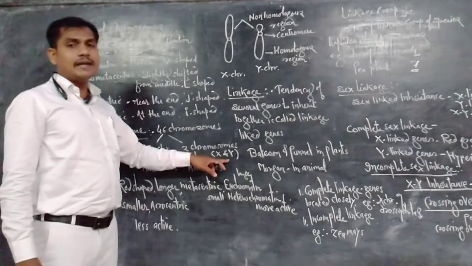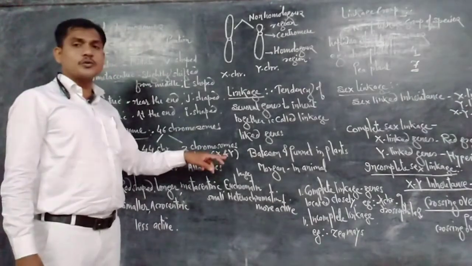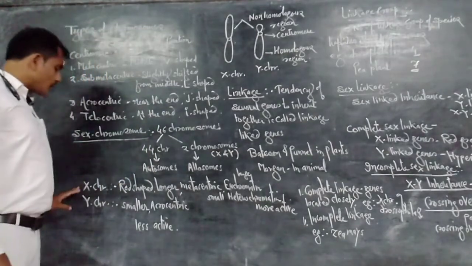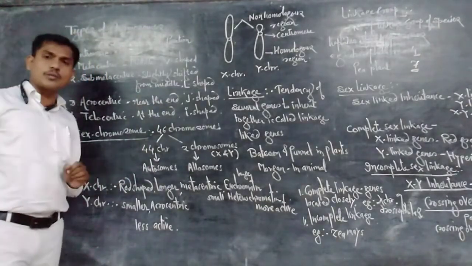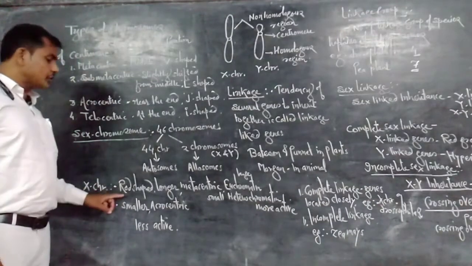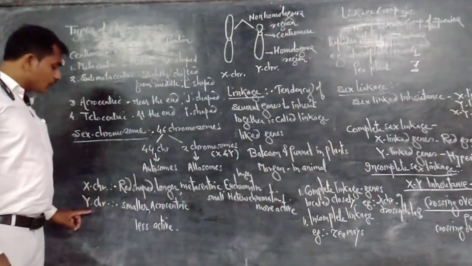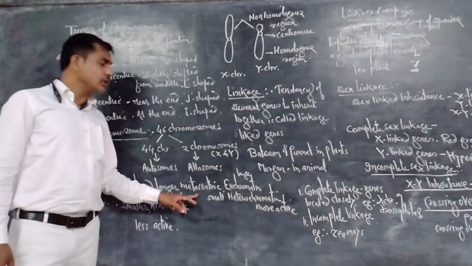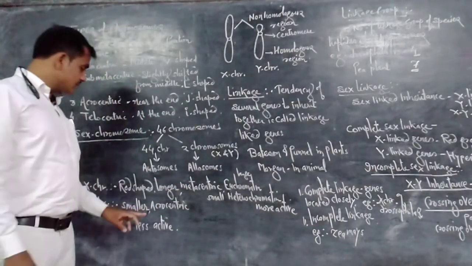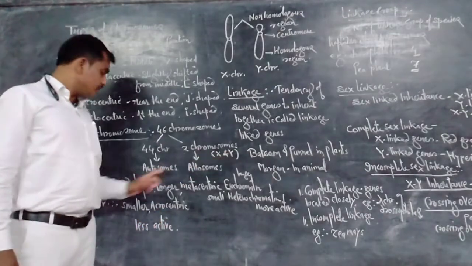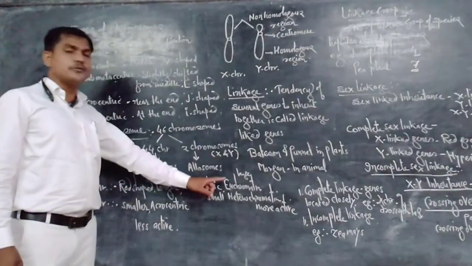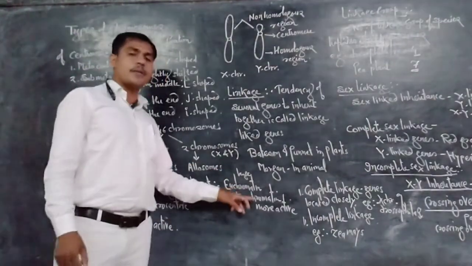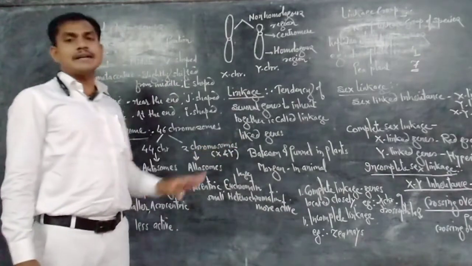Here X and Y are the sex chromosomes in human beings and all other mammals. The X chromosome is rod-shaped and longer, while the Y chromosome is comparatively smaller. The X is metacentric, with the centromere at the middle, while the Y is acrocentric. The X chromosome has a large amount of euchromatin, which is the extended region, and small heterochromatin, which is a highly condensed region.